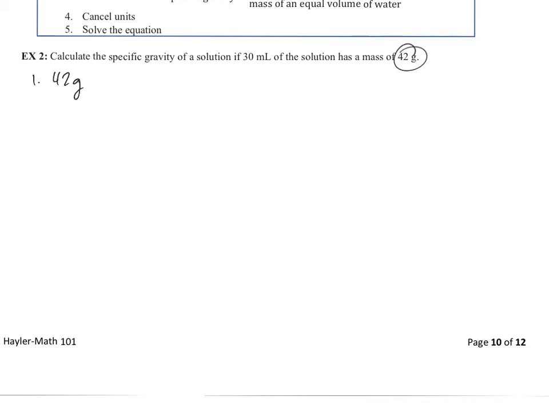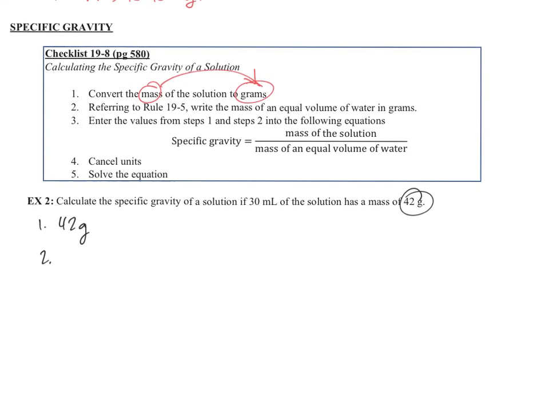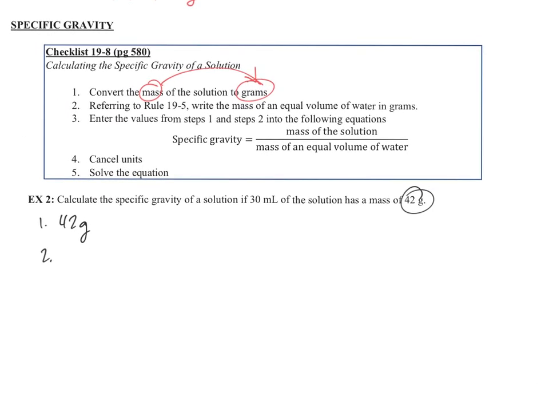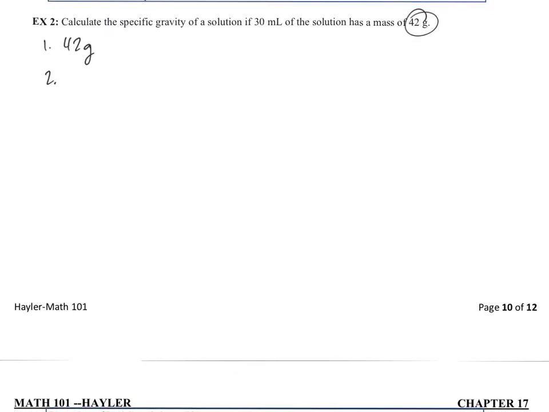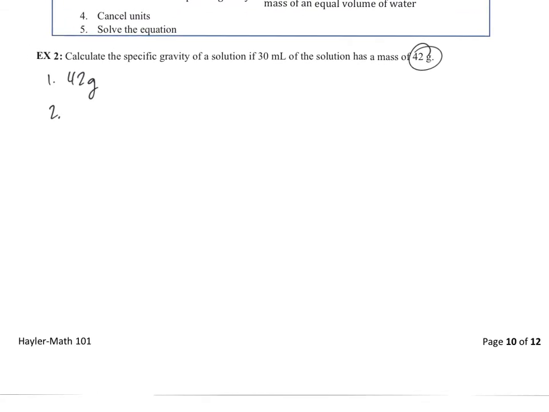The second step is to write the mass of an equal volume of water in grams. We're looking at a solution of 30 milliliters, so this would have a mass of 30 grams.